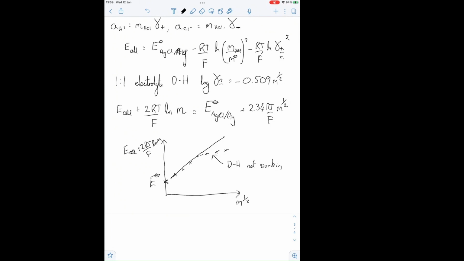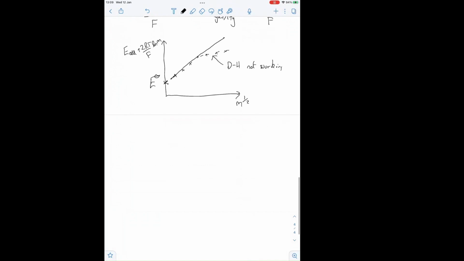So what do people really measure these days when you see an E0 value in the literature? Because lots of people give E0 values in the literature. So what are they actually measuring?